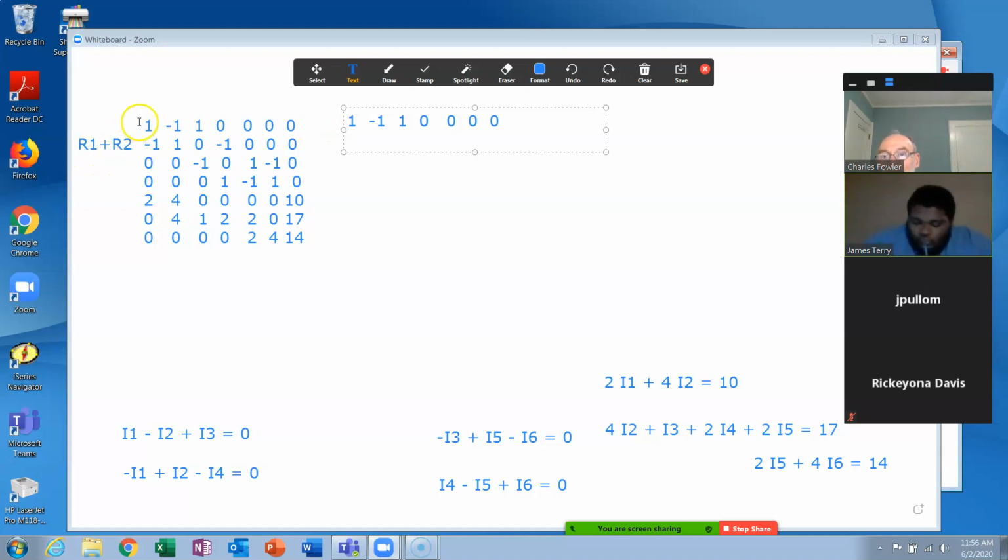Now the second row, we're going to add the first 2 rows together. Every one. So 1 plus -1 is 0. And -1 plus 1? 0.